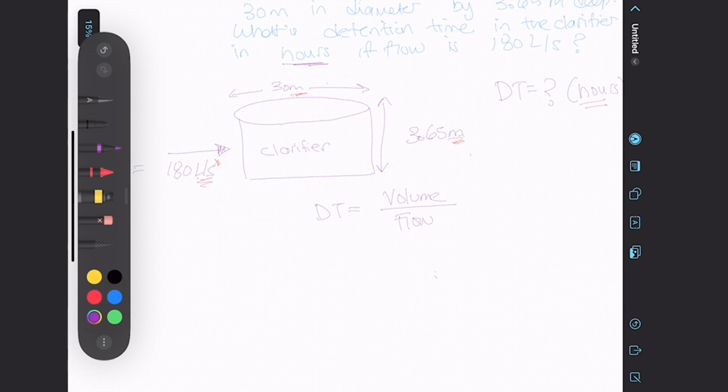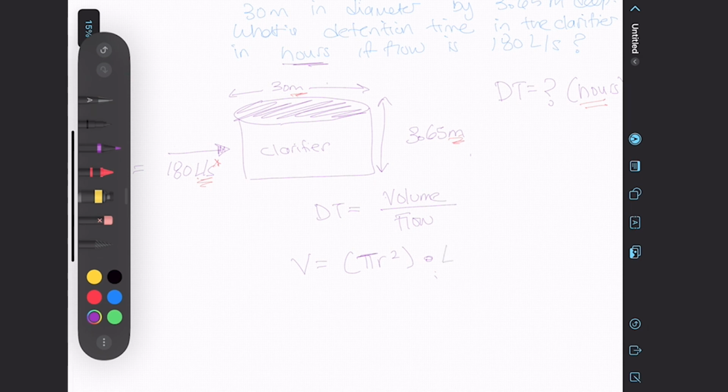So if you remember, whenever you're calculating volume, we're going to have the area of the face, and in our case, the area of the face is a circle. So the area of the face is pi r squared multiplied by the depth, which in our case we're given as 3.65 meters. The depth or the length, I'm just going to leave it as length there.